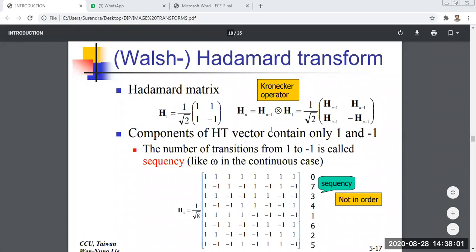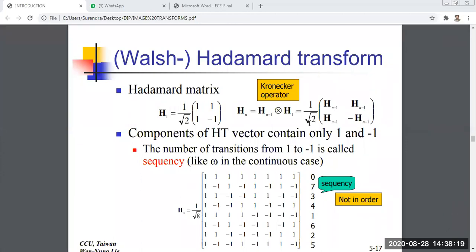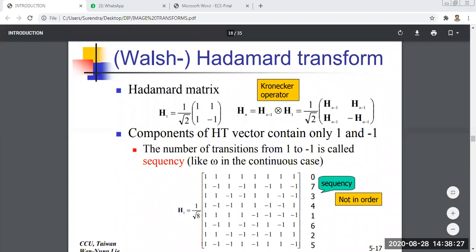Suppose capital N equals 4, how many values? H1, H2, H3, H4. Suppose capital N equals 8, how many H values? 8 values. So based on your capital N, the number of points considered, you will get the H value.